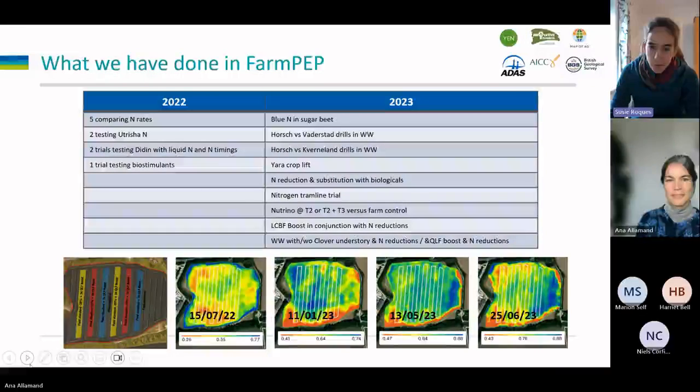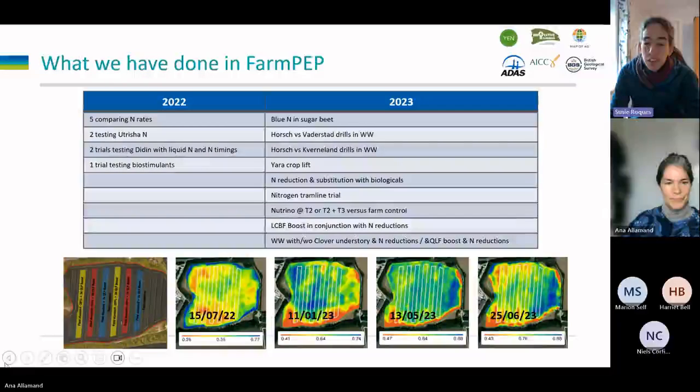You can see that trial design at the bottom was one of the 2023 designs that was beautifully replicated with different biostimulant treatments interspersed with a control treatment. And by looking at satellite imagery, we could see maybe some small effects from nitrogen reductions there.